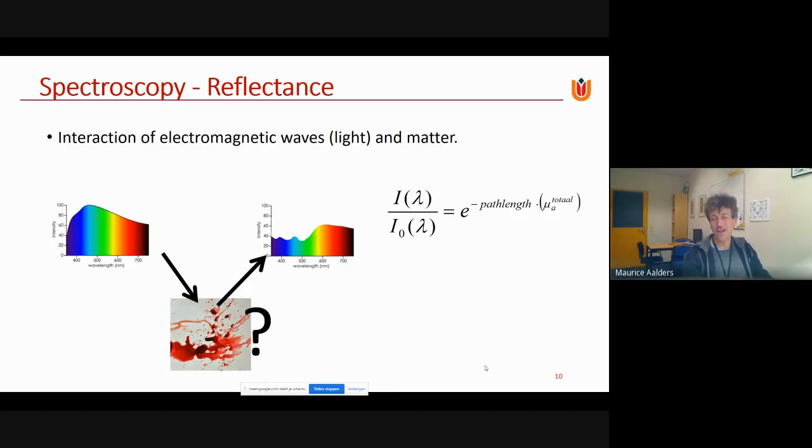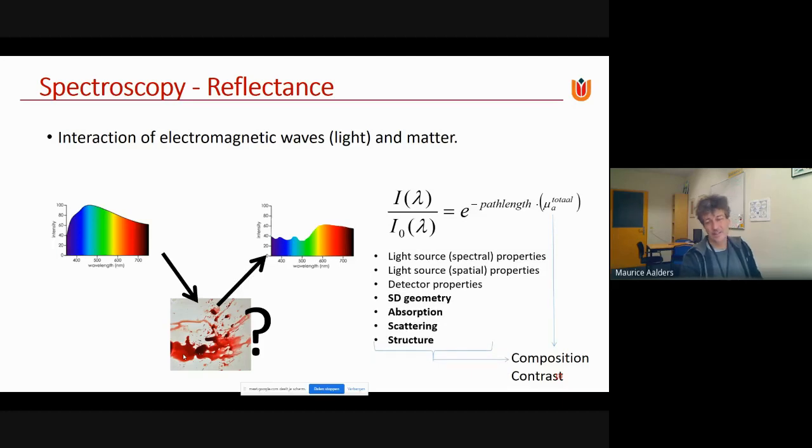So you have to correct for that in order to determine this mu A as a function of wavelength. But that's, of course, very difficult if you have a multiple layered system, for instance, blood on a substrate. Light goes in, will scatter around, and it will go into the host substrate. It will scatter around, and then eventually it will escape to the camera. And that all is a path length, and that's all different for different wavelengths. So there's a problem there.